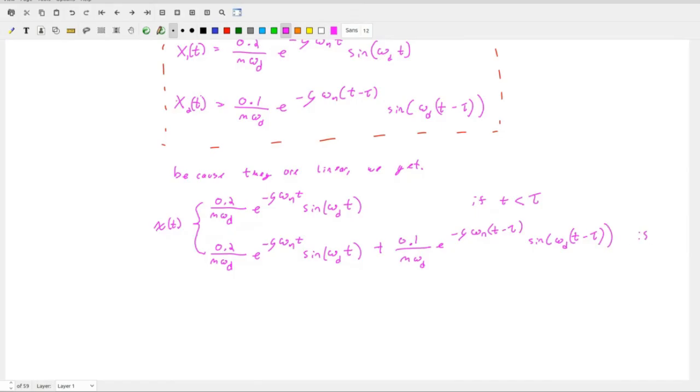So that's if tau is less than or equal to t.